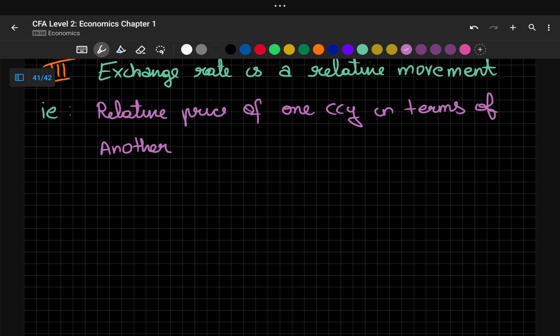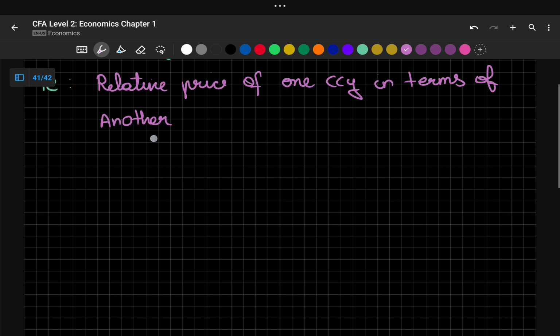I'll take an example of the currency pair AUD to INR, the Australian dollar to Indian rupee exchange rate.